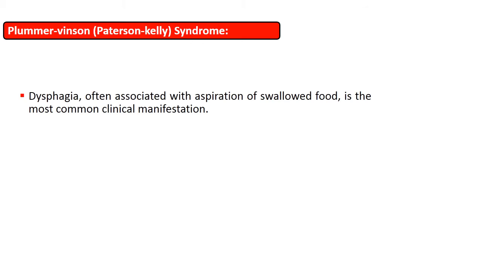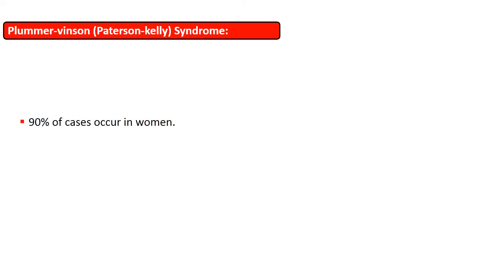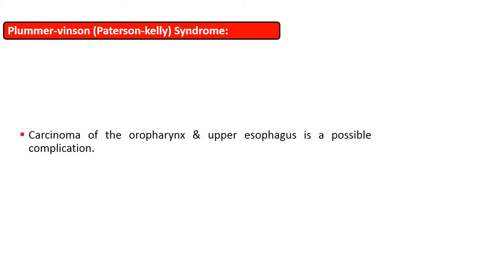It is associated with dysphagia that is associated with the aspiration of the swallowed food, and in 90% of these cases they are females. It is associated with carcinoma of the oropharynx and upper esophagus.